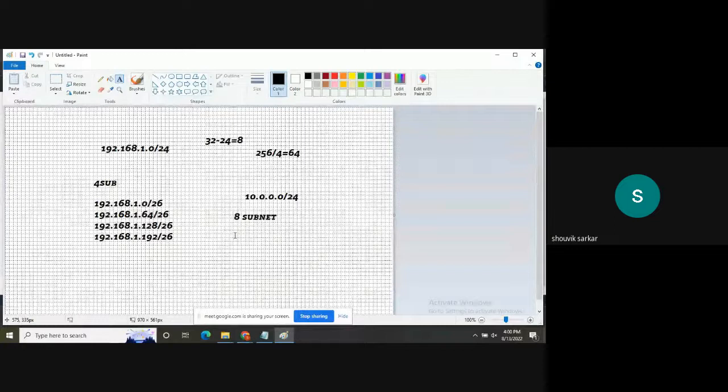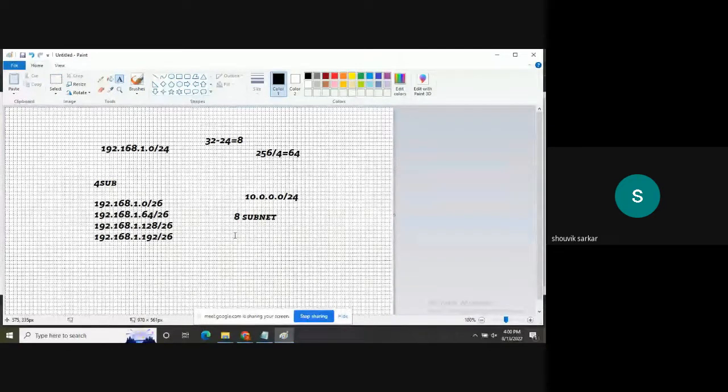So 24 plus 3, that should be slash 27. As we want to divide into 8 subnets, the slash notation should be 24 plus 3, that is 27. So the first IP address should be 10.0.0.0 slash 27.